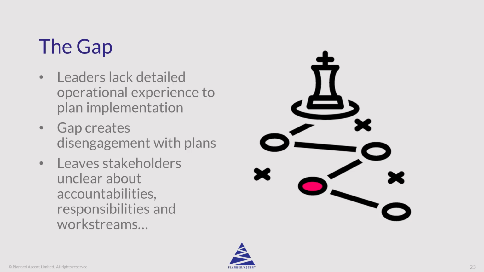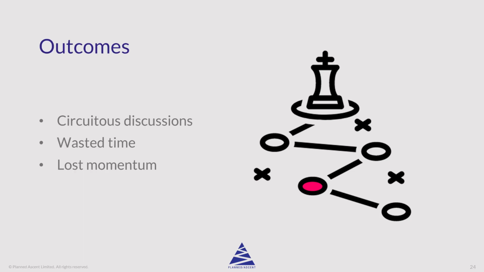This disengagement can create crossed lines of communication and frustration later, as stakeholders are unclear about accountabilities, responsibilities, and work streams on the project. Subsequently, when they need information, they approach the wrong people and get incorrect or incomplete answers, resulting in a return to the circuitous discussions, wasted time, and lost momentum we mentioned earlier.